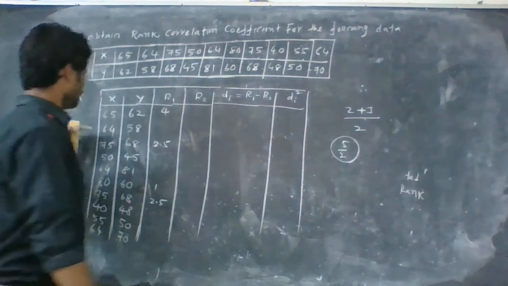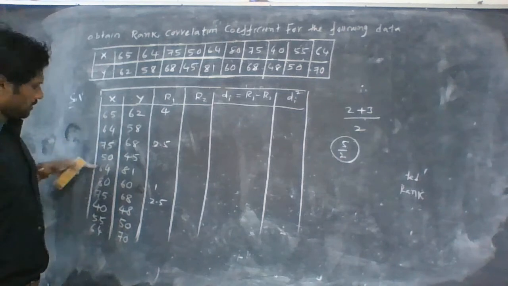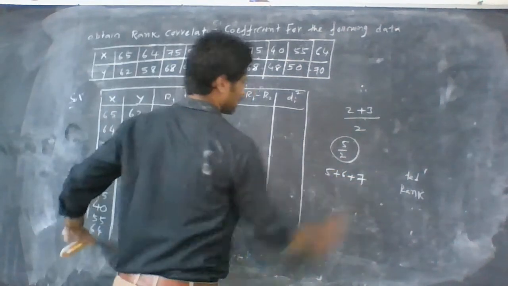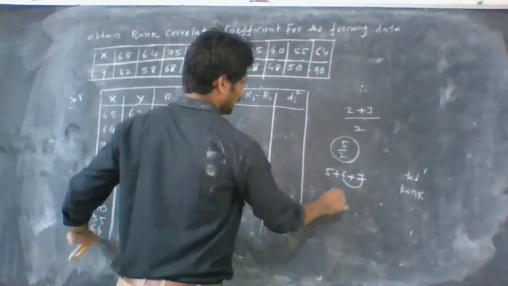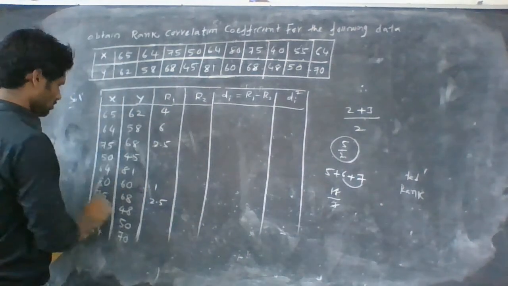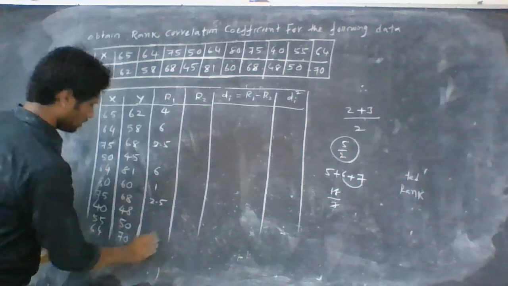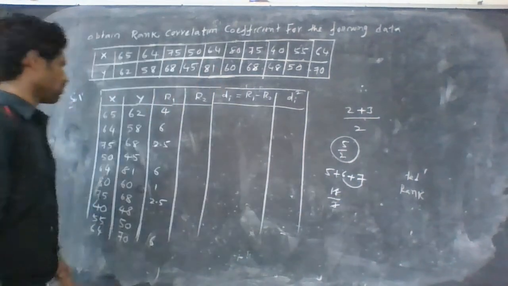Next one: 5, 6, 7. 5 plus 6 plus 7 is 18, by 3, that means 6. Each value gets 6. So overall ranks 1 to 7 are closed.